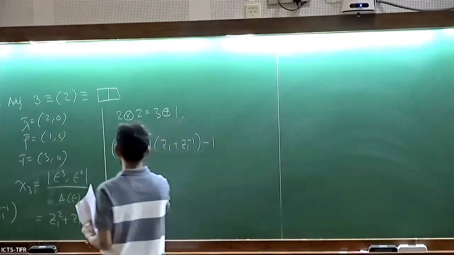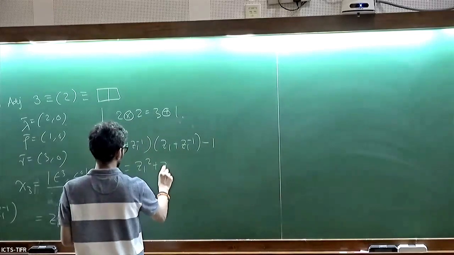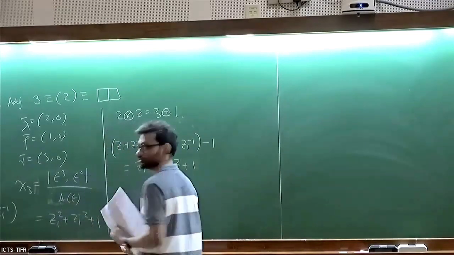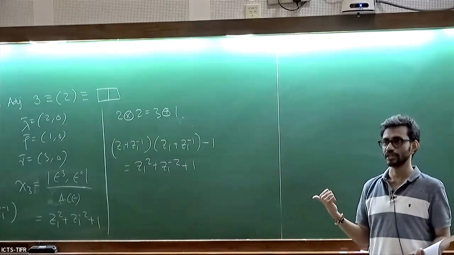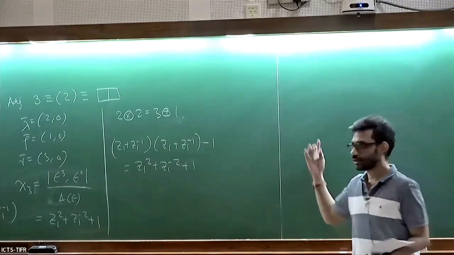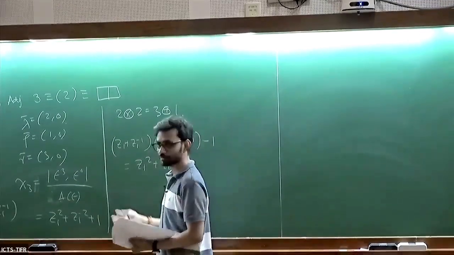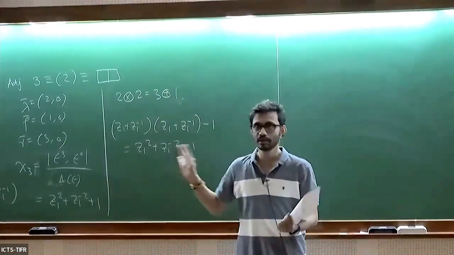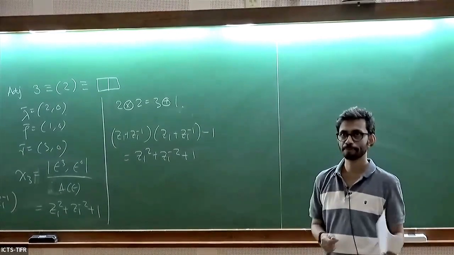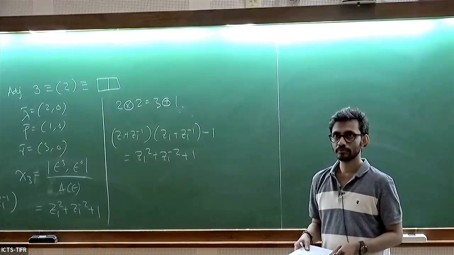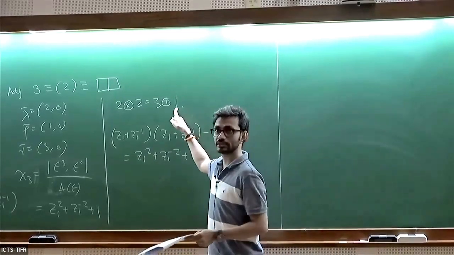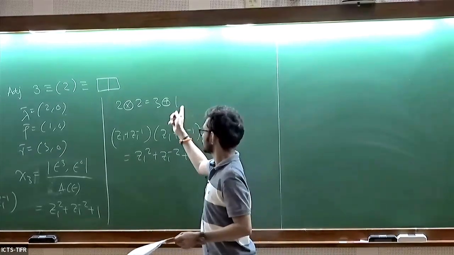If you calculate that, you would get Z1 square plus 1 plus Z1 to the minus 2, right? That's a nice cross check, that whatever the character function that you have computed are basically consistent in this way. Okay, minus 1 is basically the character of the singlet.